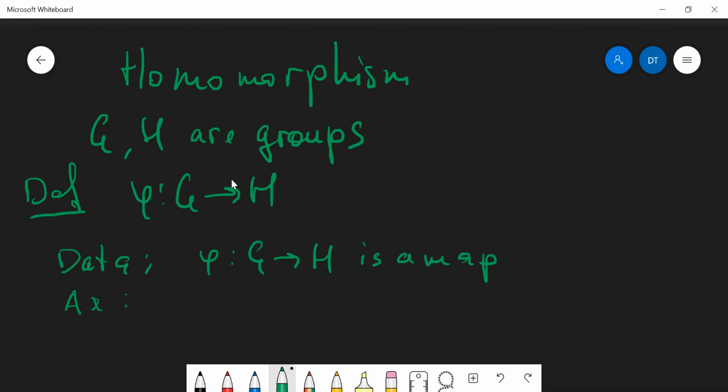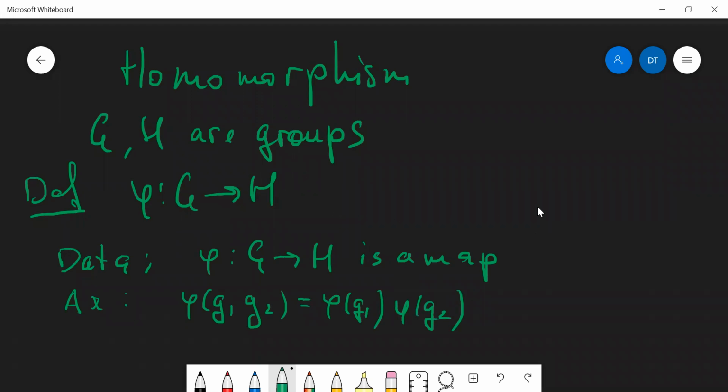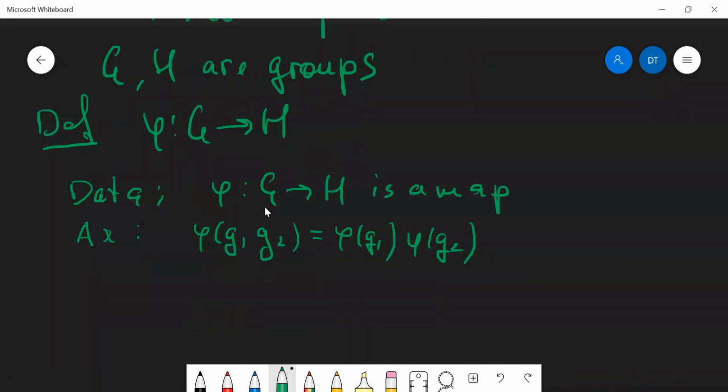It must preserve the operation in the following sense. If we take any 2 elements from the group G and multiply them, and then apply the map phi, the result must be the same as if we apply the map phi to each element and then take the product. So this is a homomorphism. Let me repeat.